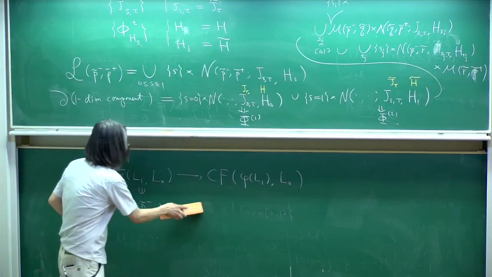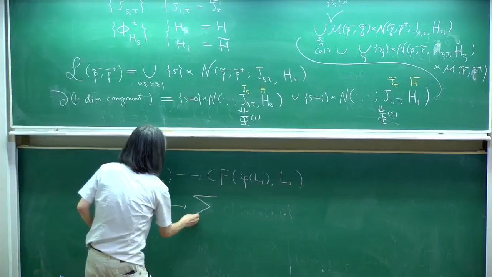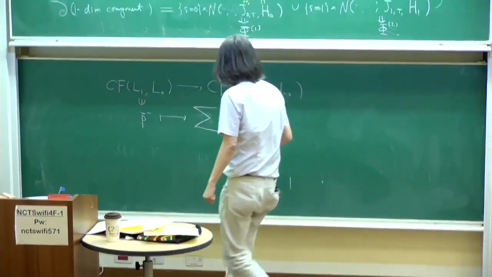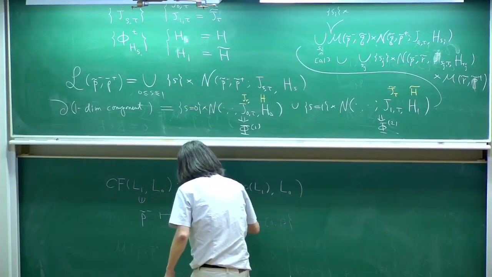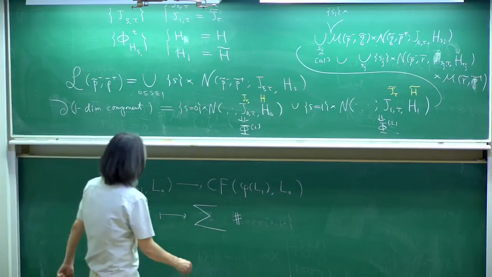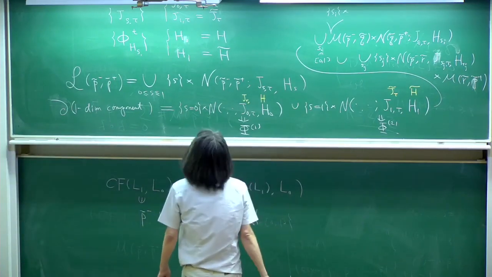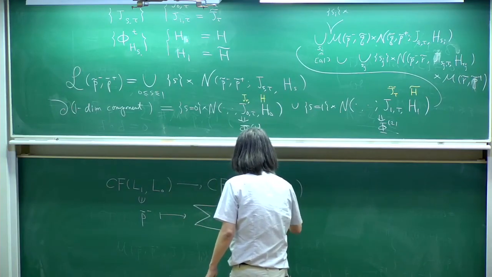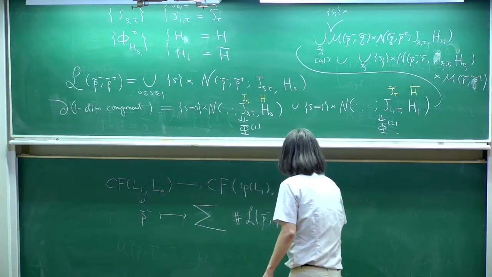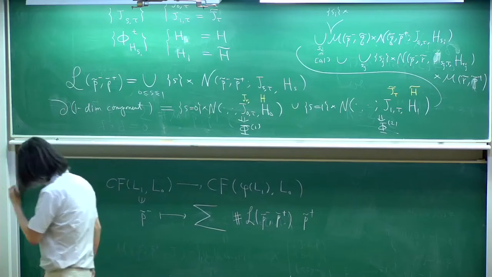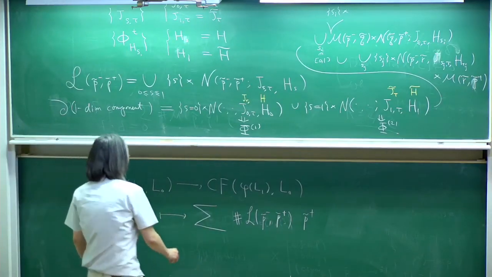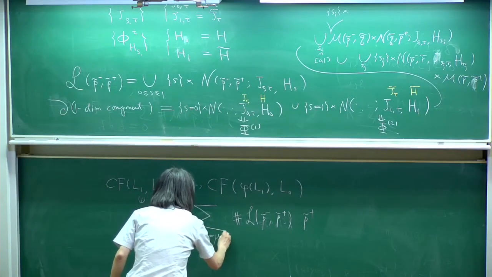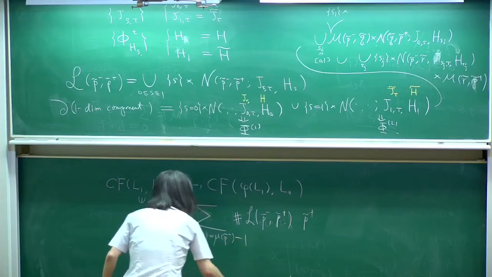and then I want to take a sum of the following. So I consider the following moduli space, L of P tilde minus and P tilde plus, such that mu of P tilde plus is equal to mu of P tilde minus minus 1.